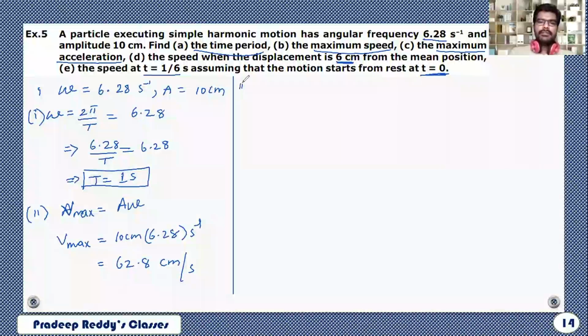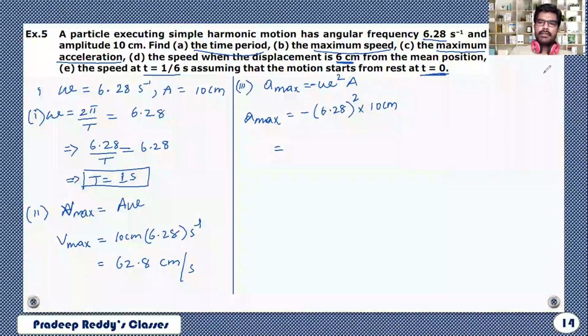Next, number 3, you are supposed to find out maximum acceleration. What is the formula for maximum acceleration? Maximum acceleration is omega square into A. So A maximum is equal to minus of omega, 6.28, whole square, into amplitude, which is 10 centimeter.